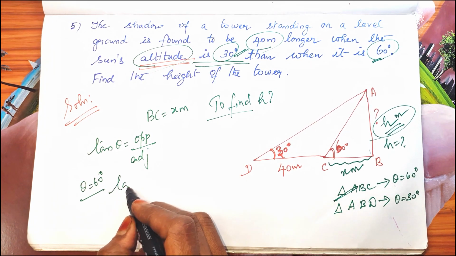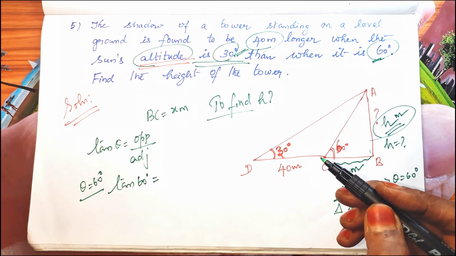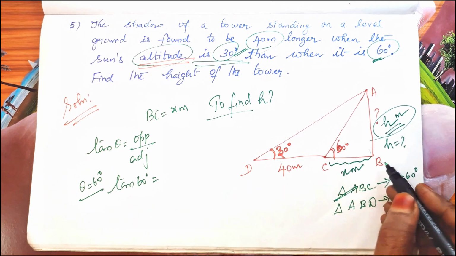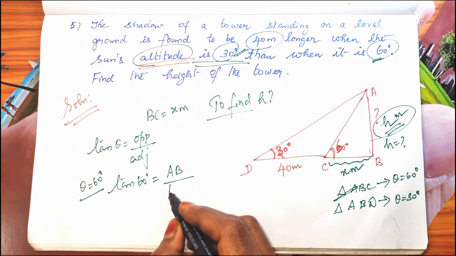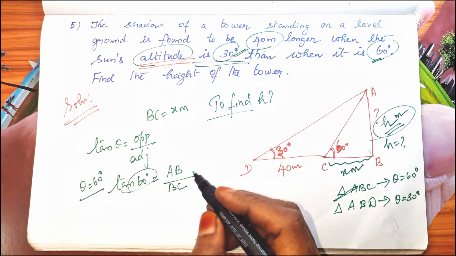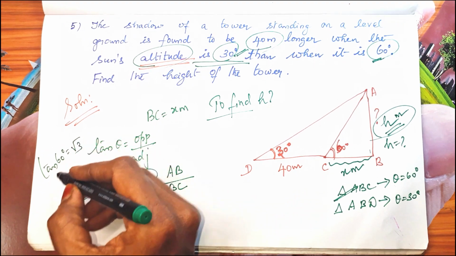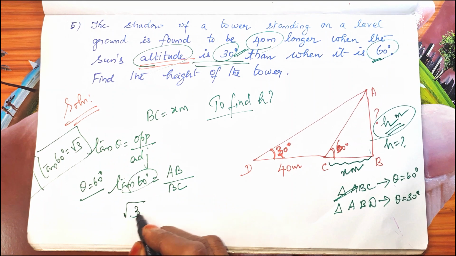What is tan 60? Tan 60 is equal to opposite side by adjacent side. The opposite side is AB, the adjacent side is BC. What is the value of tan 60? Tan 60 degrees is equal to root 3. So on the left side we take root 3.